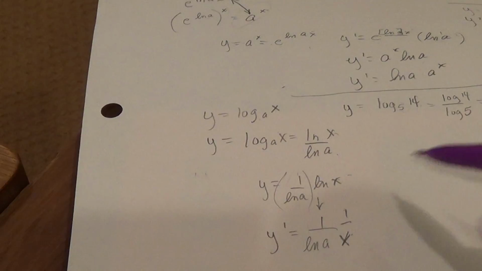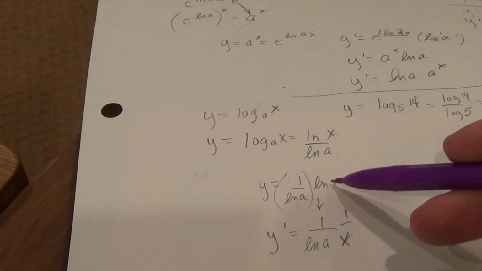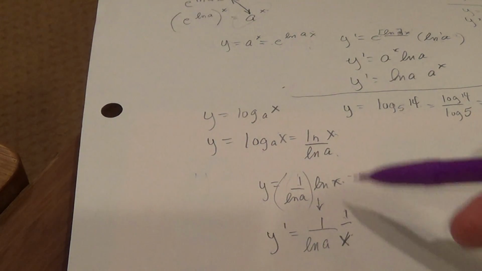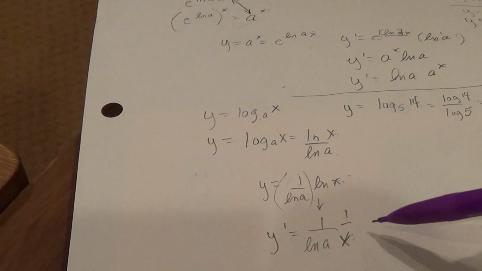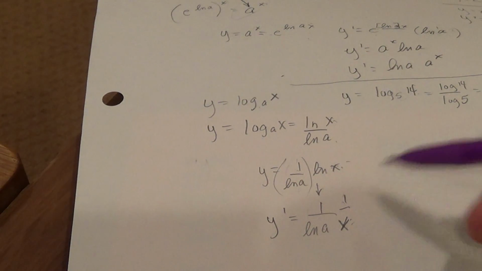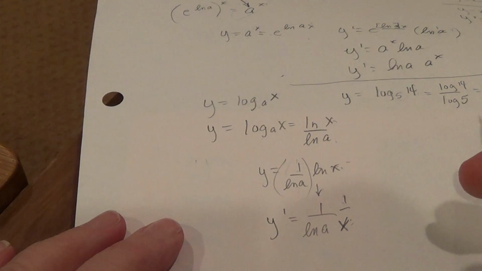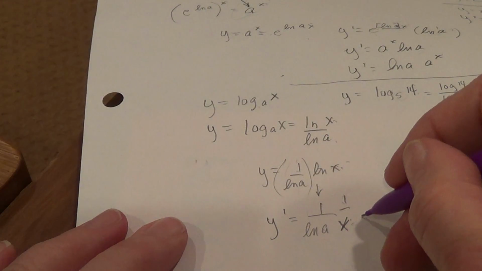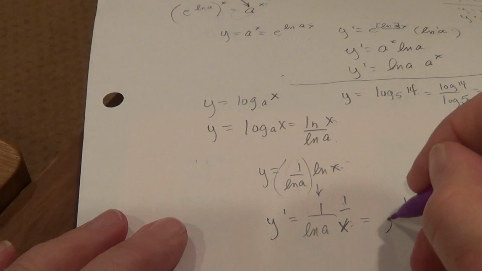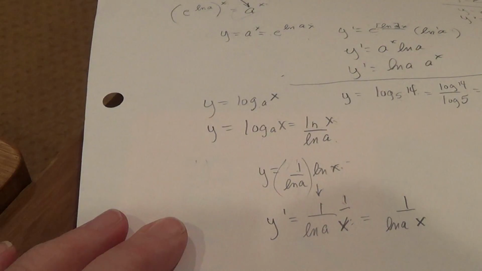I'll simplify that, and that equals 1 over ln of a times x.